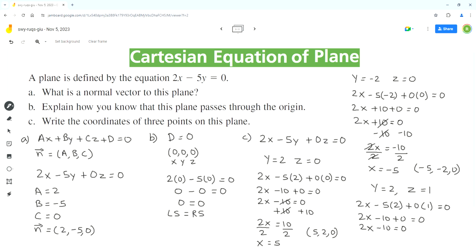We can add 10 to both sides. I get x equals 5. So the third point on this plane is 5, 2, 1. So these are the 3 points that lie on this given plane.